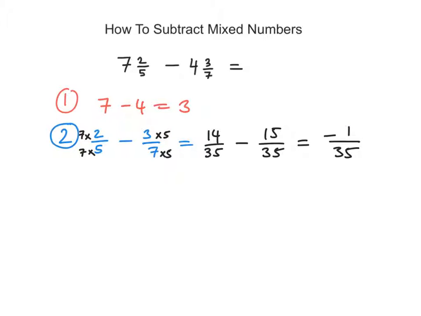Now what I need to do in step 3, I need to add the integer value there with this value here. Now how do I do this?